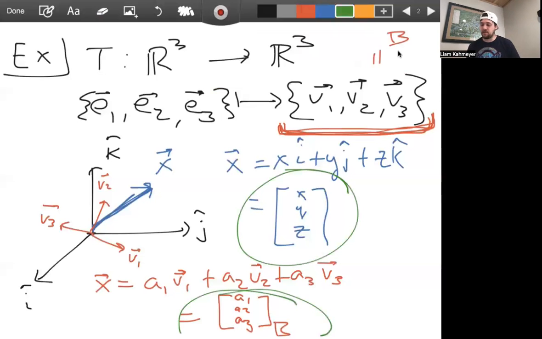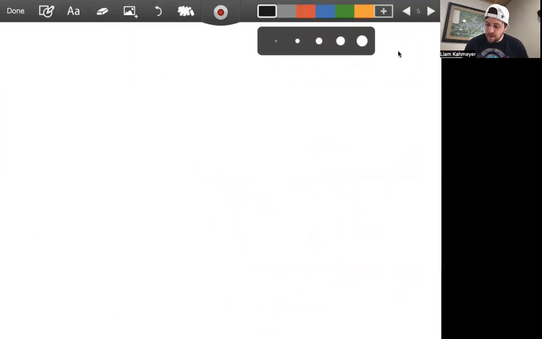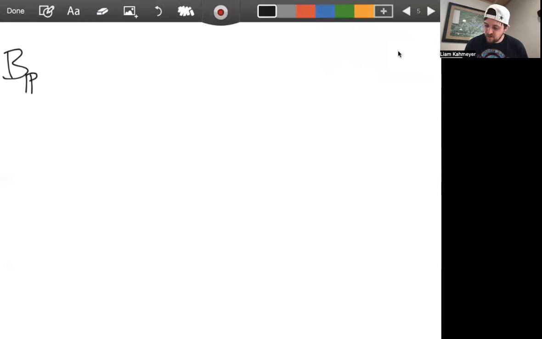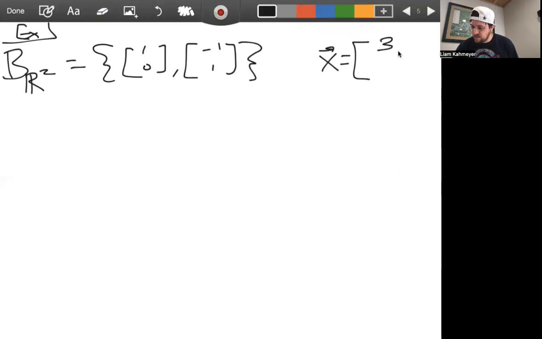So let's look at an example, like a more explicit example here, right? So let's say we have a basis for R2. We have a basis for R2 given by (1, 0), (-1, 1), right? This is certainly not the standard basis on R2. And let's say X is the vector (3, -1). And this is (3, -1) in the standard basis, right?